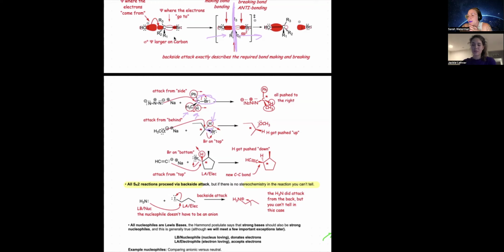The option I went with was the one that changed the orientation, made all the wedges dashes and dashes wedges. But I wasn't sure about it, because do you automatically switch everything? Remember, enantiomers have different stereochemistry at every chiral center.